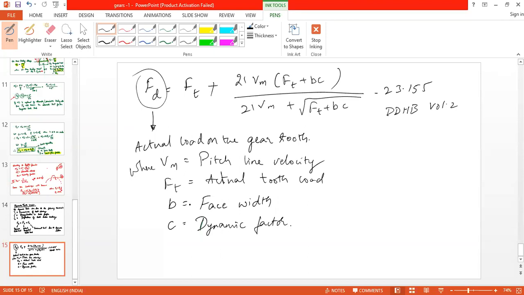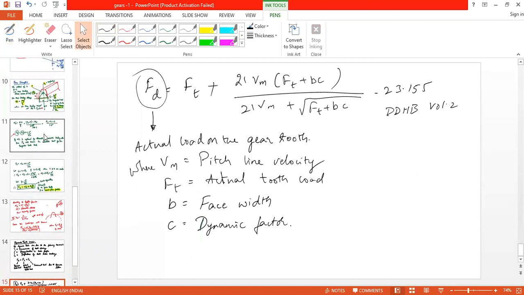What this dynamic factor is and what KV is, all those things you will study while solving the problem.